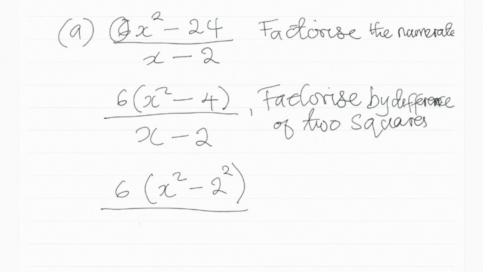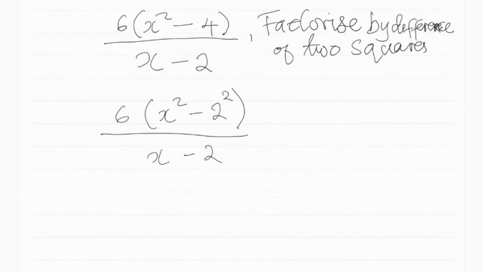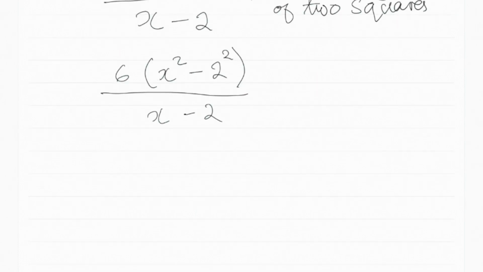Now, this numerator can further be split into two factors because we have x squared, meaning we have 2 x's, and 2 squared, meaning we have two 2's. Now we are going to split: one x in the first bracket, another x there, another 2 here, another 2 there.